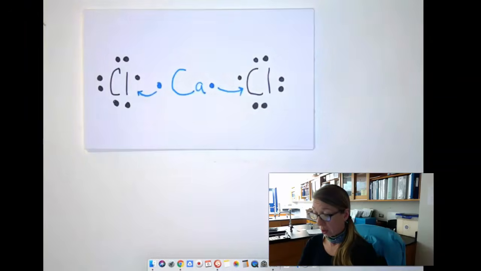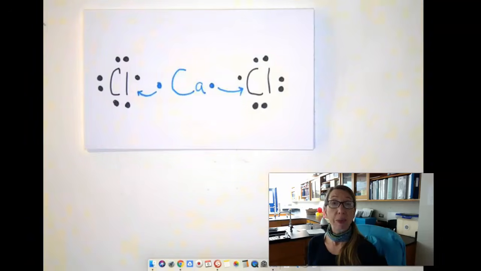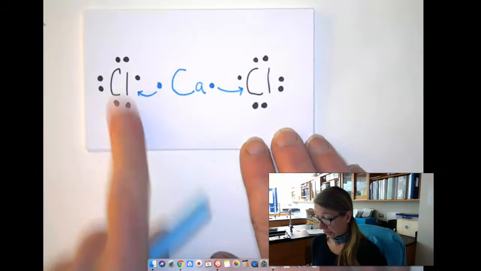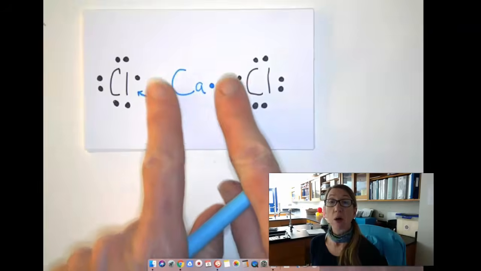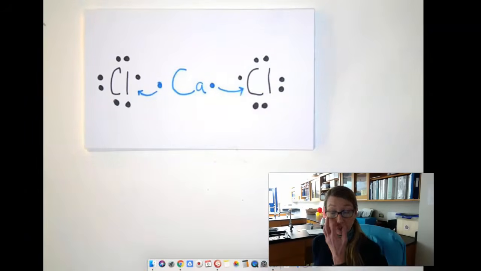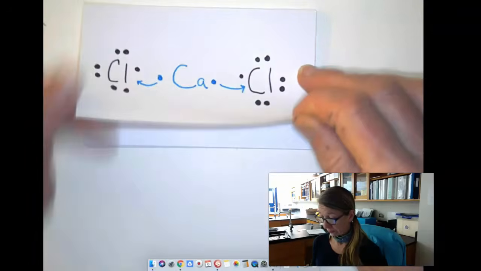Remember, we are exposing big lumps and billions of these different elements to each other. So now this chlorine is satisfied, this one's stable, and the calcium has given away both of the electrons from its outermost energy level. And so all 3 of these are more stable.